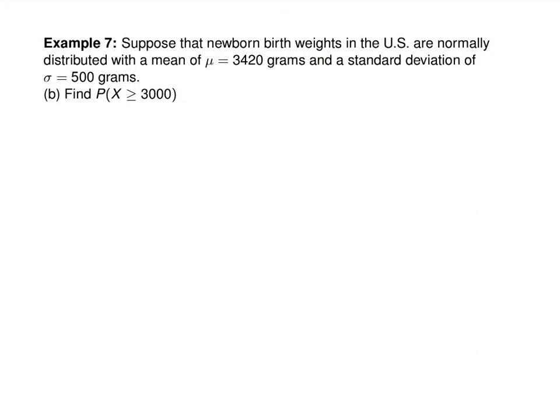Okay. Next, what's the chances that a baby is bigger than 3,000 grams? Well, first find that z value. So 3,000 minus 3,420 over 500, which comes out to be negative 0.84. So this is the probability that z is bigger than or equal to negative 0.84.